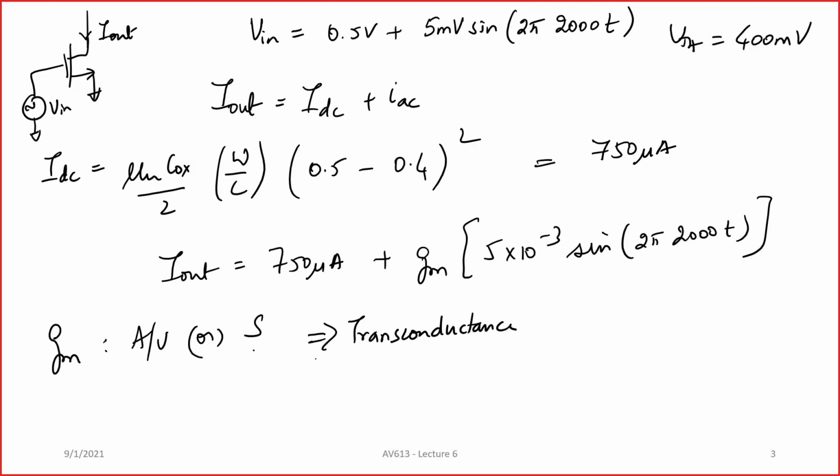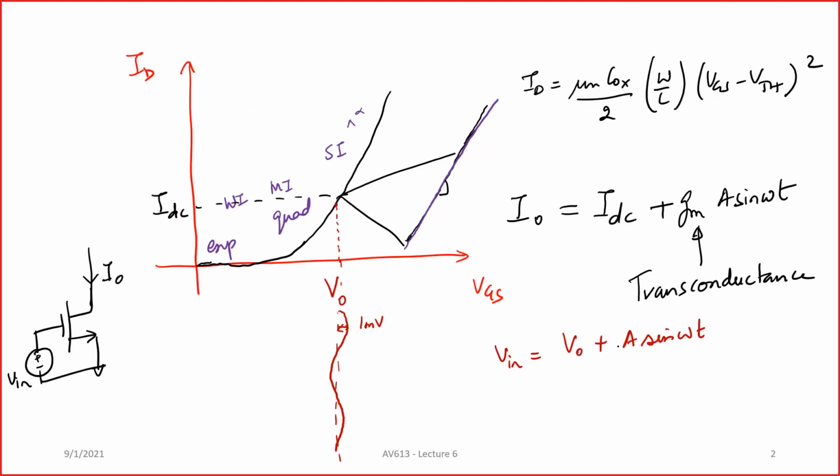Now, how much is this transconductance? If you look at this particular plot, I told you that the slope of this tangent decides the linear response, right? Now, what is the slope of this tangent? Basically, GM, the slope, is nothing but dou ID by dou VGS at a given VGS equal to constant, right?